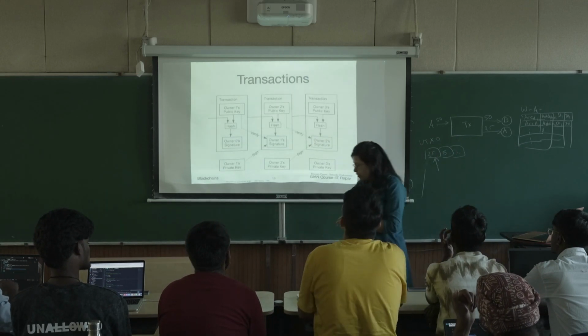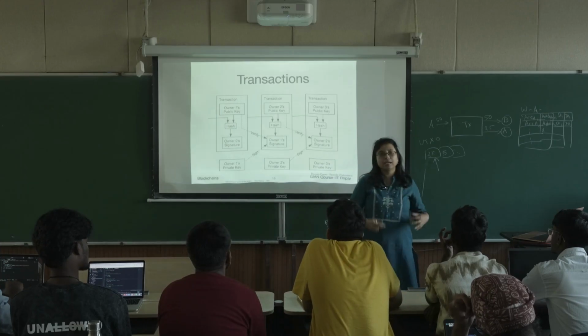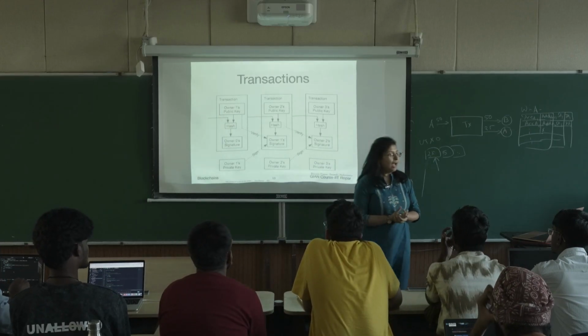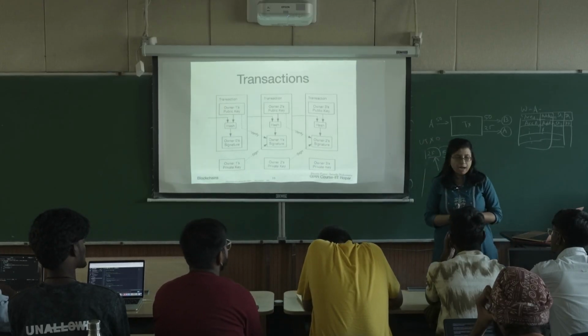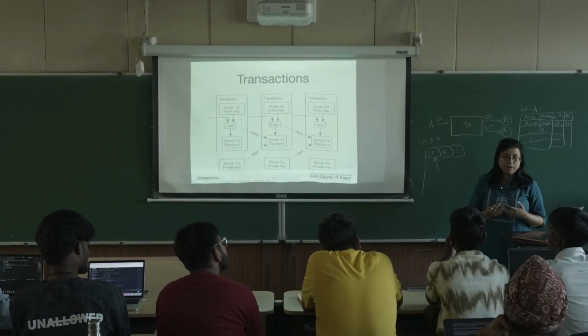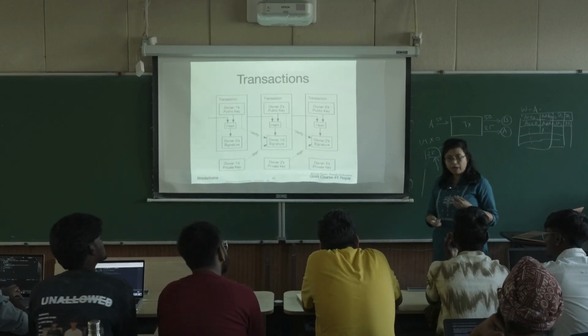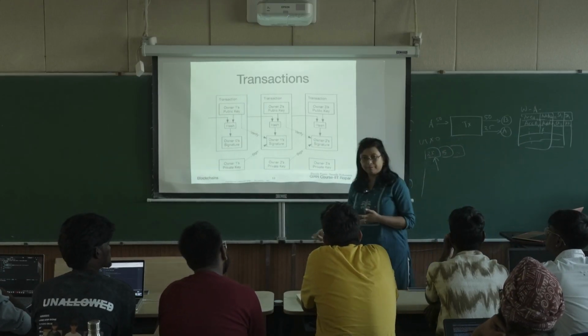What we have to do essentially is that I have a public key and a secret key associated with my address. When I want to spend something, when I want to make a transaction, I have to sign.